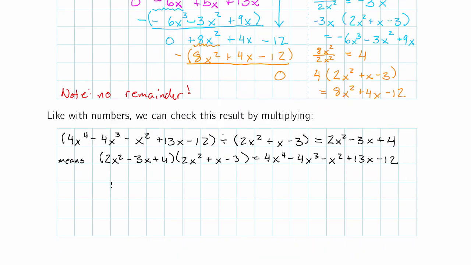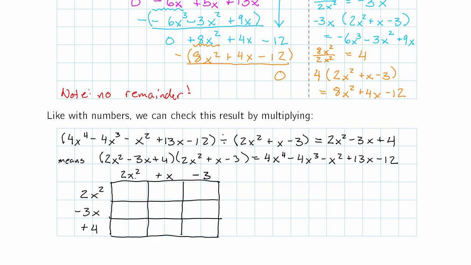So I'm multiplying trinomials. I'm going to use the area method. 2x squared times 2x squared is 4x to the fourth. 2x squared times x is 2x to the third. 2x squared times negative 3 is negative 6x squared. 2x squared times negative 3x is negative 6x to the third.